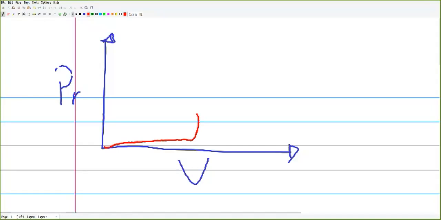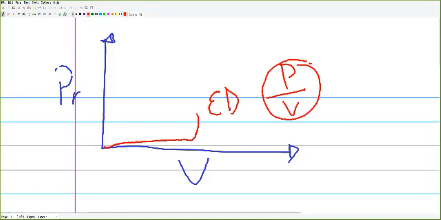And that's the ED, the end diastolic pressure volume relationship. Okay, so we have our left ventricle over here, and we're filling it with blood.